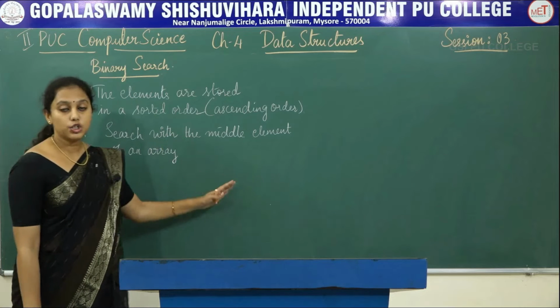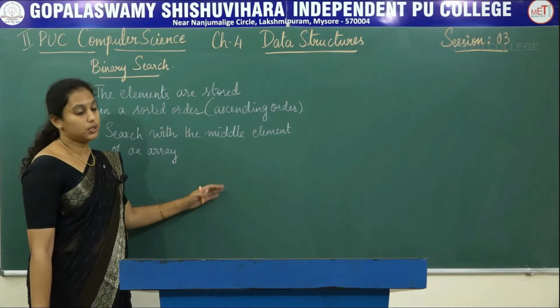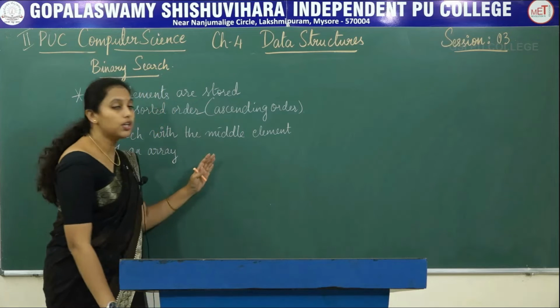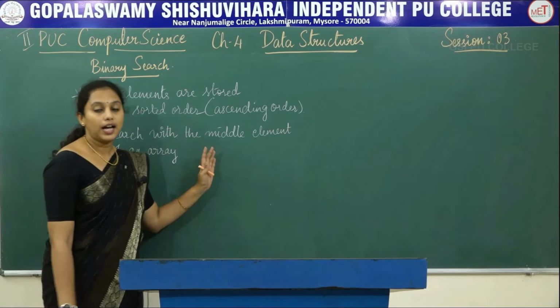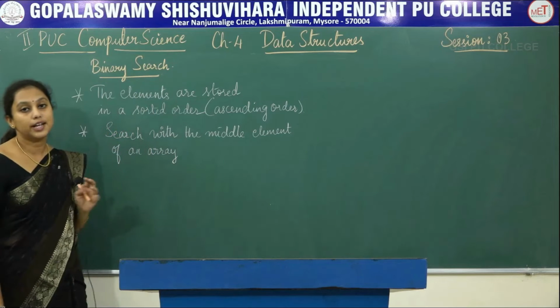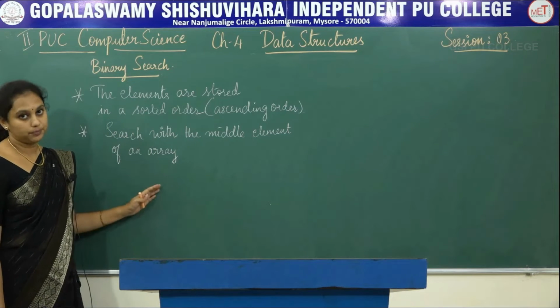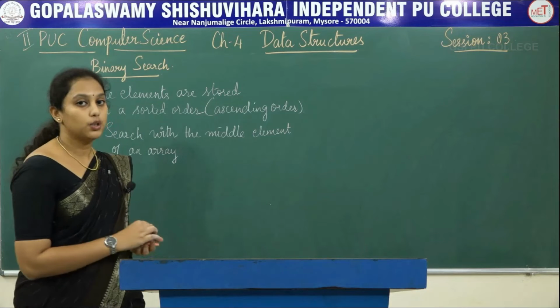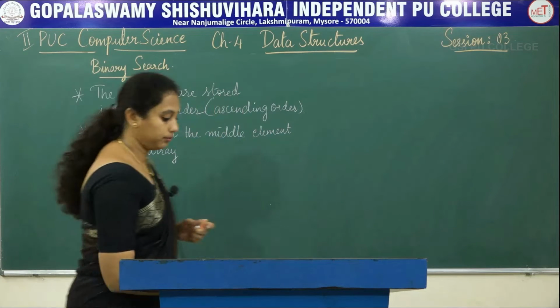If the search element is not equal to the middle element of the array, then it is going to search the element either to the right side of the array or to the left side of the array. So now let's see how to search the location of an element using binary search.